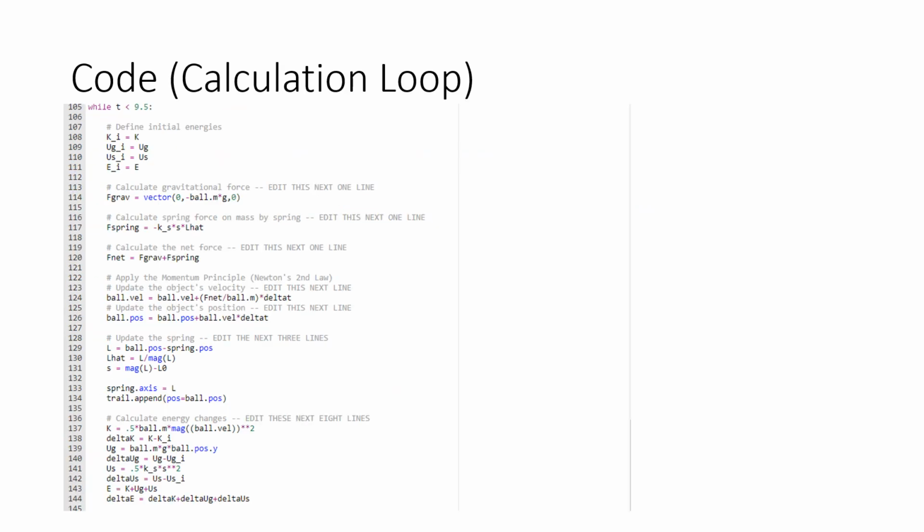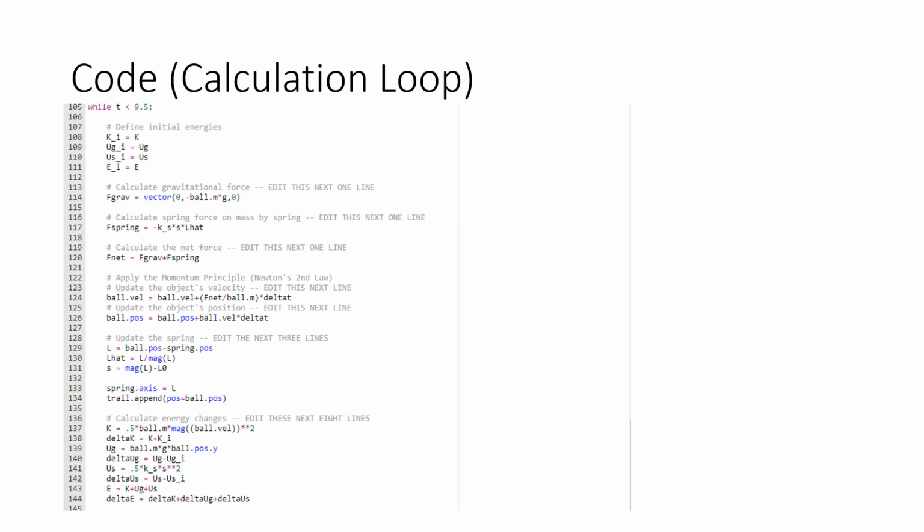Continuing on to the code that is in the calculation loop, we define all the initial energies as the energies from the previous section of code. Then we calculate the gravitational force, spring force, and the net force F from both the spring and gravitational force. Below, we have the velocity and position update formulas.